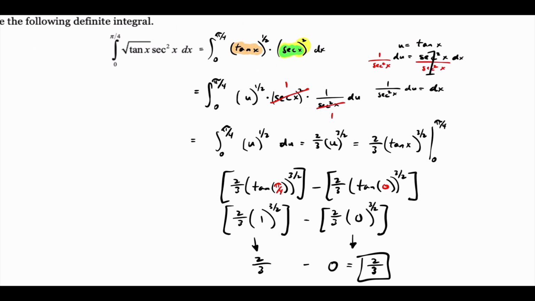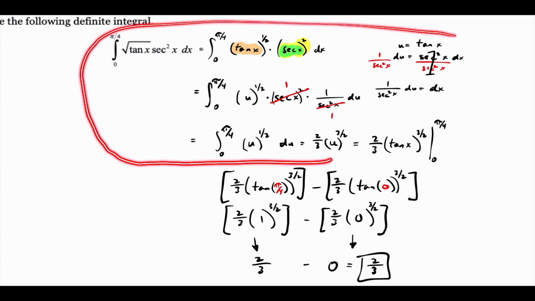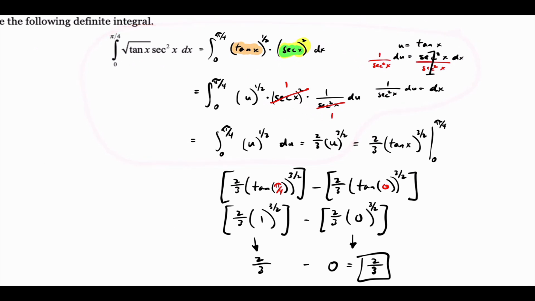Again, this part, you guys have been doing for the last 3 days. Like I said, if I were to give you guys the same problem, except without the bounds, you know where to start.